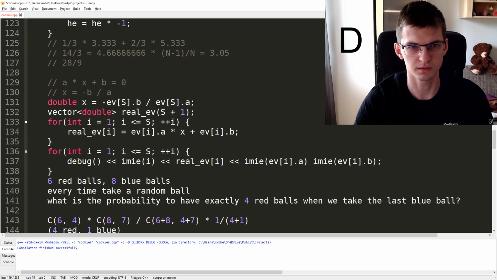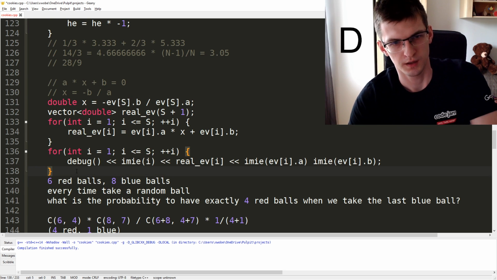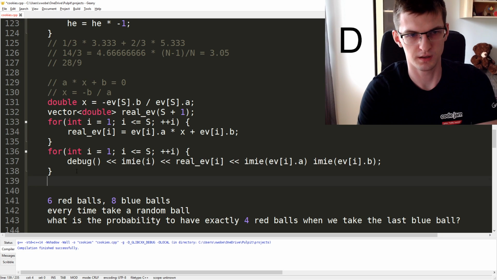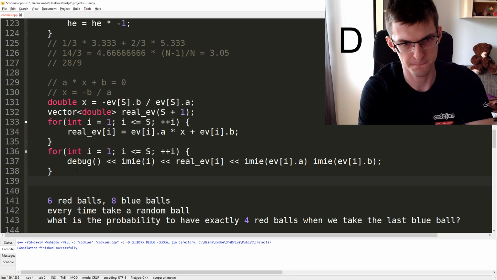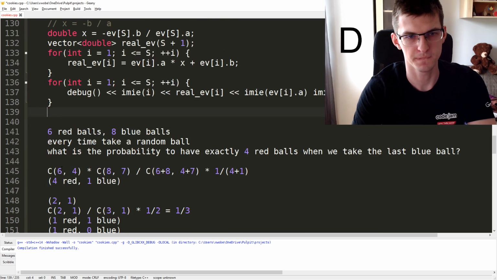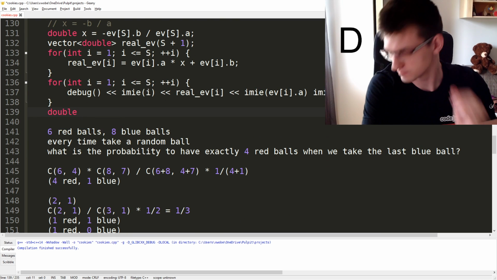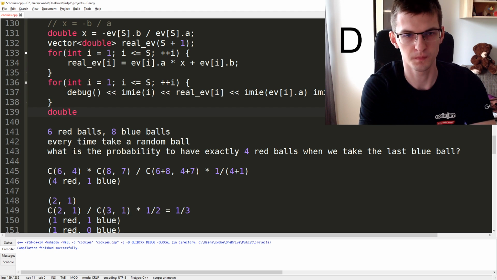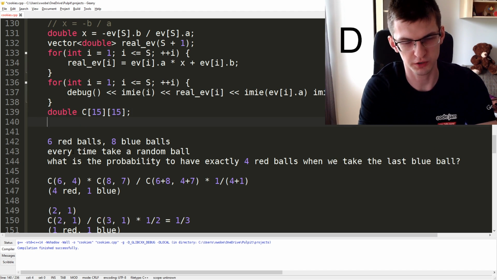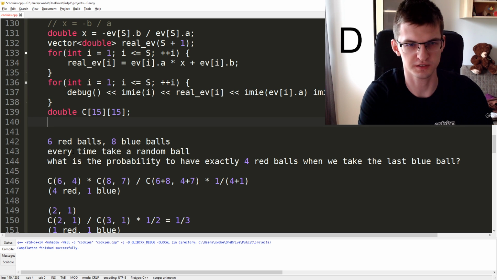Let's try this. I need binomial coefficients. Work in progress. For now it's just a small array.